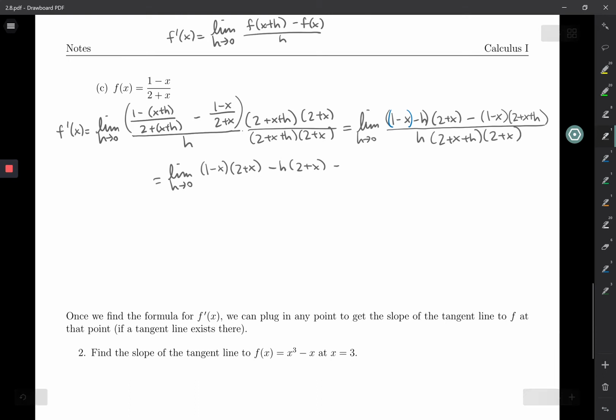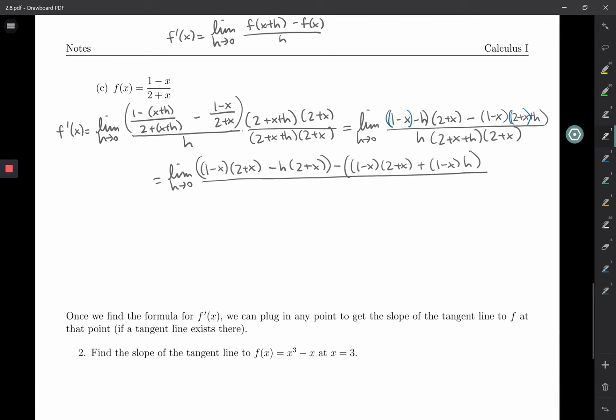That was the first term, and now in the second term, we're going to do a similar thing where we group this 2 plus x and then distribute, so I'll put parentheses so I don't have to distribute that negative yet, and I get 1 minus x times 2 plus x, and then plus, when I distribute this to the h, 1 minus x times h.